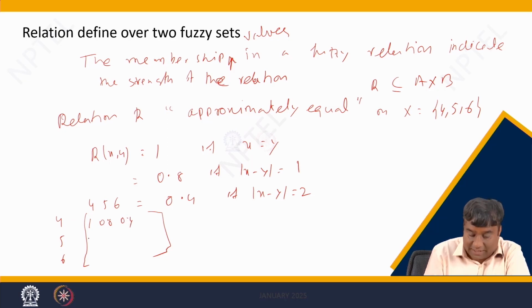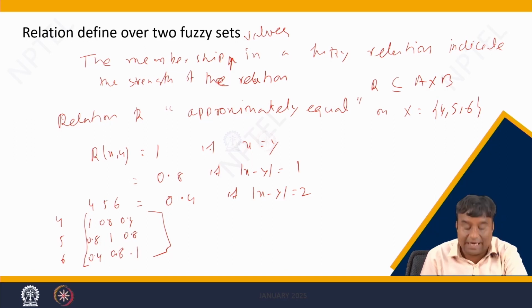Now 5 minus 4 is 1, so it is 0.8. 5 equal to 5, 1. 5 minus 6 is also 0.8. Now 6 minus 4 is 2, so it is 0.4. 6 minus 5 is 1, so it is 0.8. 6 equal to 6, so it is 1. So that is a fuzzy relation.